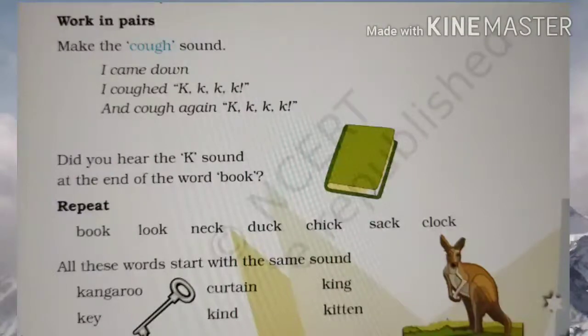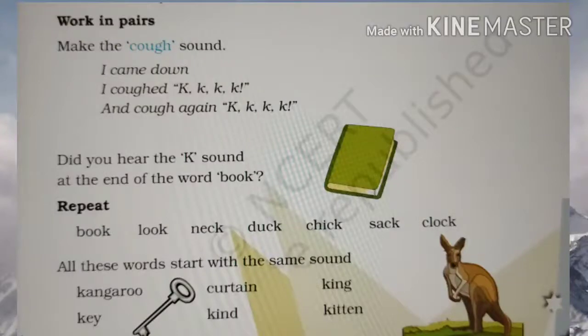Now repeat some words after me. In these words, you have to feel the sound of K, means ka. Book, look, neck, duck, chick, sack, clock. Once again, book, look, neck, duck, chick, sack, clock.